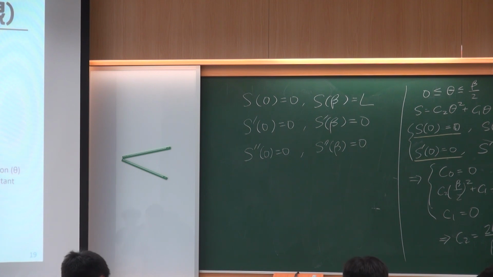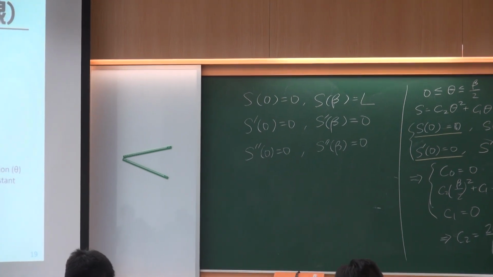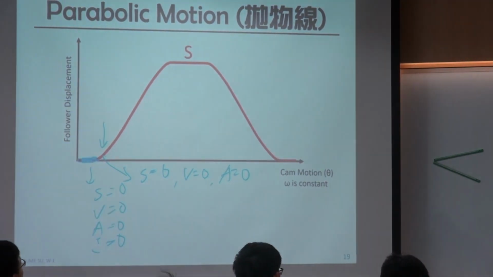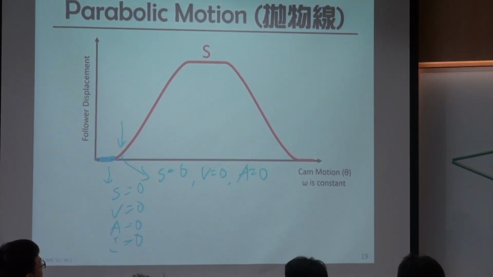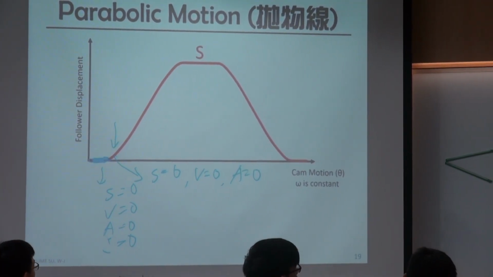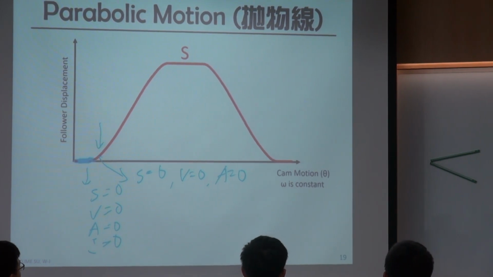We need to make them continuous from this very first segment to our rising segment. And for this parabolic, we only satisfy these 4. We hope we can also satisfy the other 2.